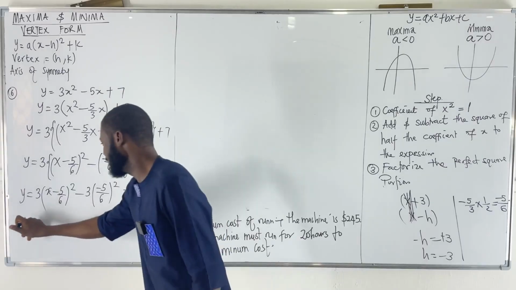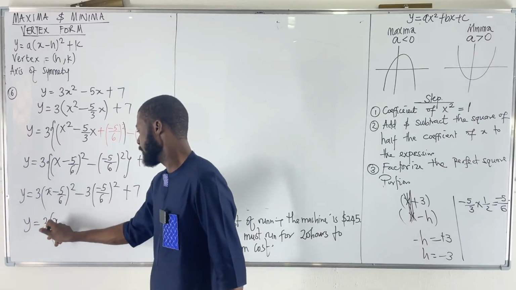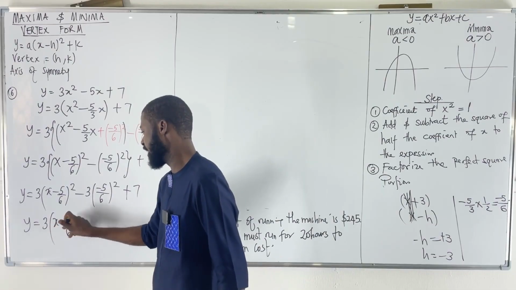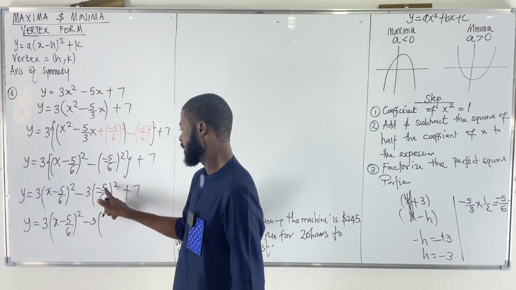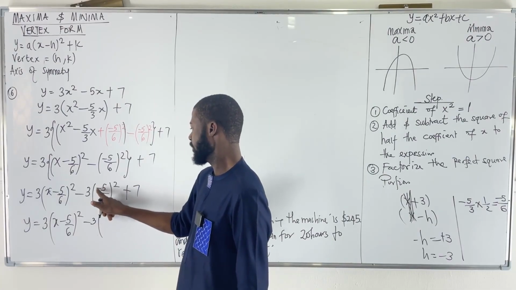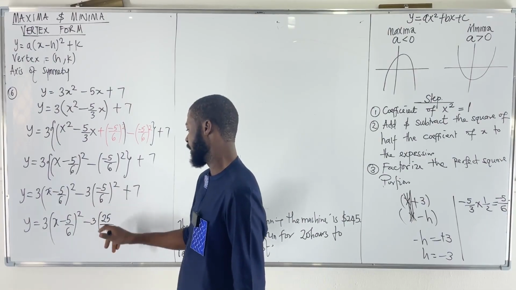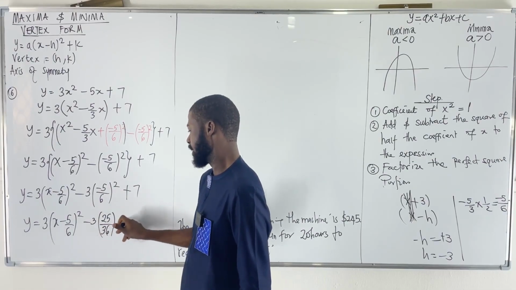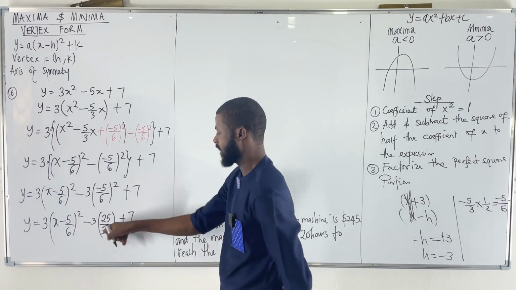So let's see. This is y equal to 3. Now this is x minus 5 over 6. It's going to stay like that. And then this is minus 3. Let's open up this guy. Minus 5 squared is 25, and then 6 squared is 36, and then plus 7. Okay, we still need to simplify this.